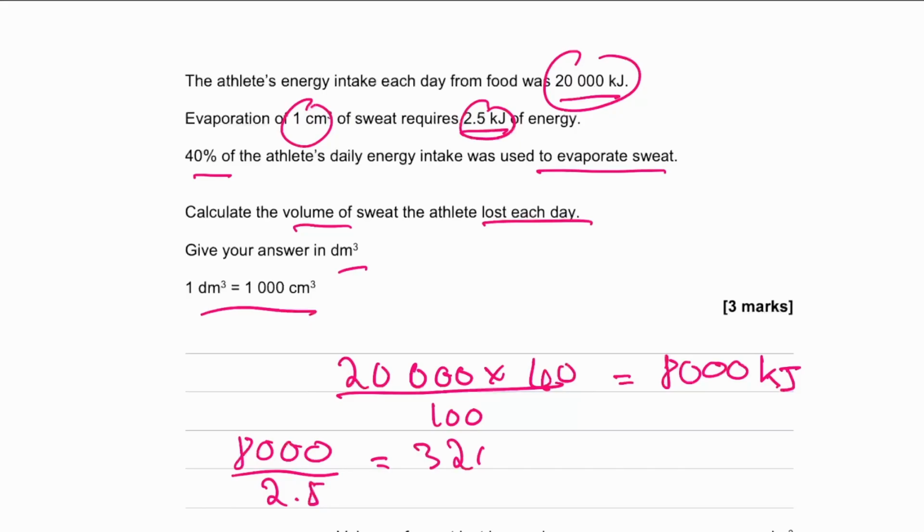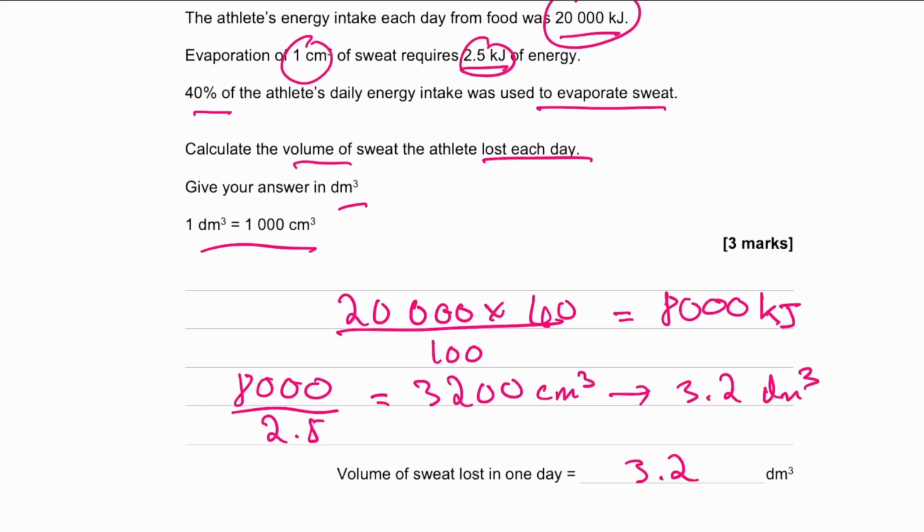And that is 3,200 centimeters cubed. And the last thing we want to do is convert this to dm cubed. And so it's given us a conversion over there. It's just divide through by 1,000. So you end up with 3.2 dm cubed, or decimeters cubed. Okay, and that would be your final answer. Oh, it kind of went off the screen, but there you go.